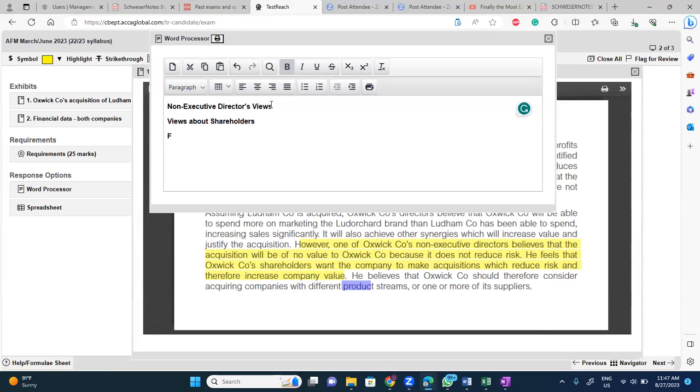The director is saying, the director believes that the acquisition should result in a reduction of risk to increase the value of the company for shareholders. That was the belief of the director.